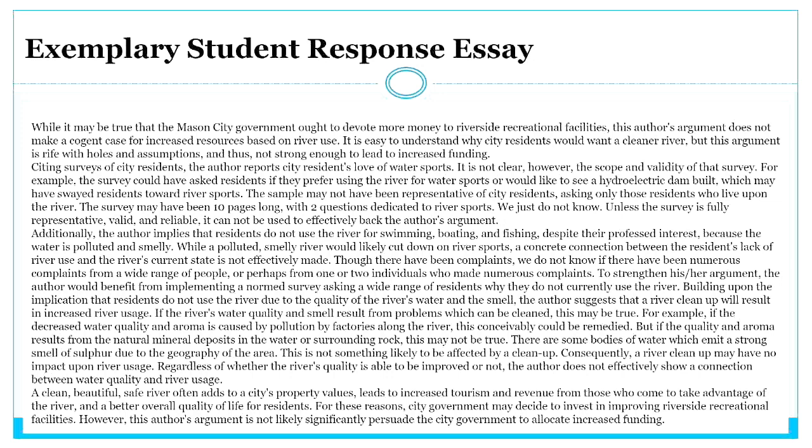While it may be true that the Mason City government ought to devote more money to riverside recreational facilities, this author's argument does not make a cogent case for increased resources based on river use. So, the student actually agrees with the point of view that the prompt has stated. It is easy to understand why city residents would want a cleaner river, but this argument is rife with holes and assumptions, and thus not strong enough to lead to increased funding.